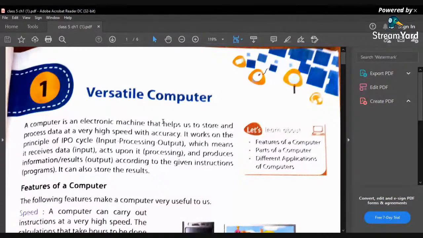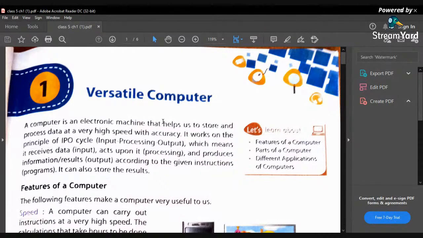So we say it has huge storage capacity, and it processes the data, because when we give input to the computer, it is processed. Process means it prepares to give the result.